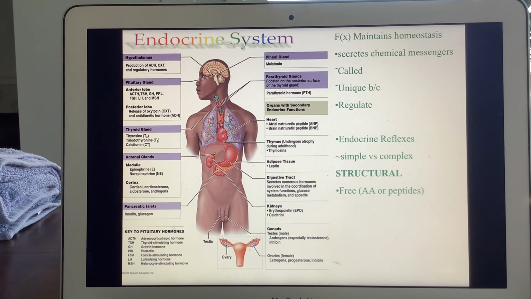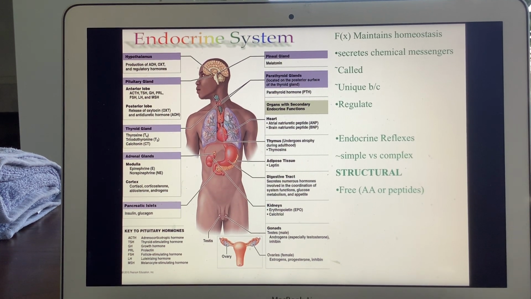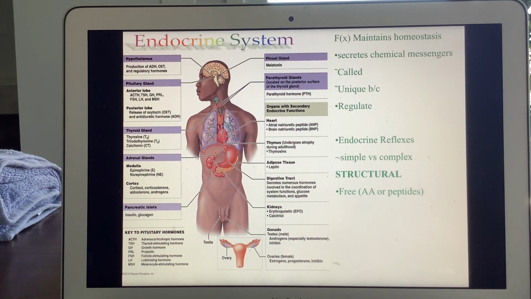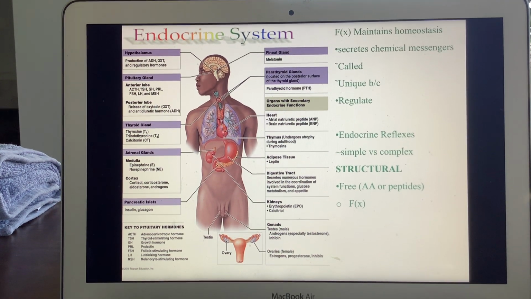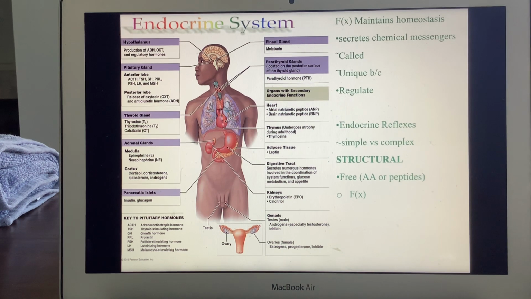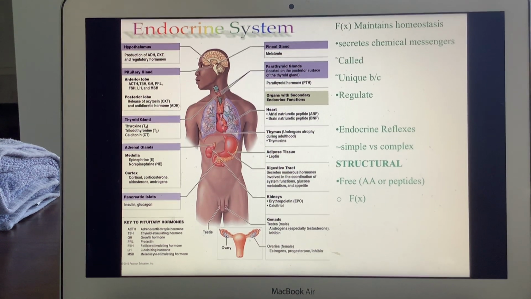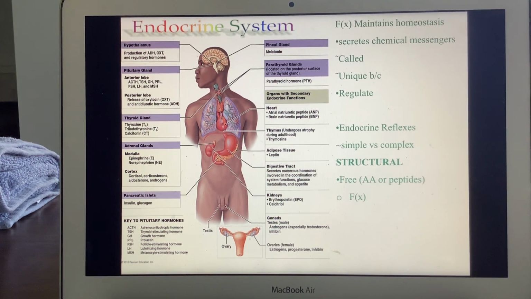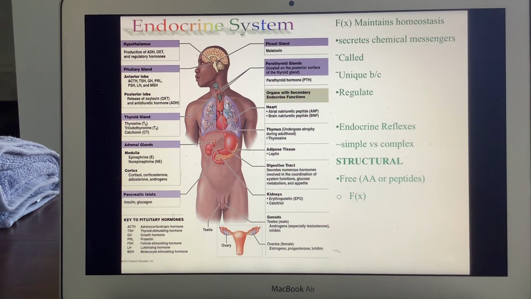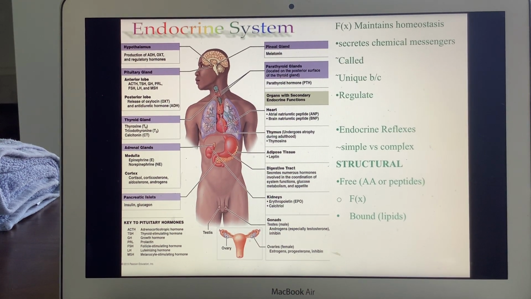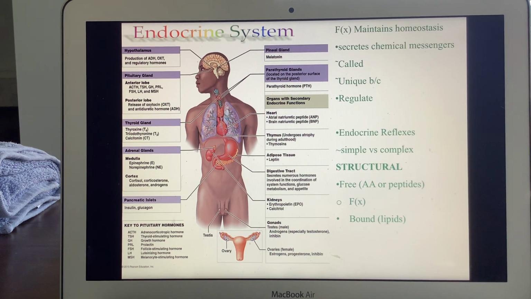When we talk about free structural hormones or the protein hormones, anytime you see F of X, it's like math. It means function. They function very rapidly, and they function very rapidly because they can get through the blood fairly quickly.